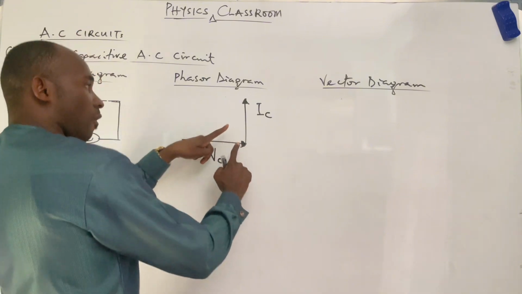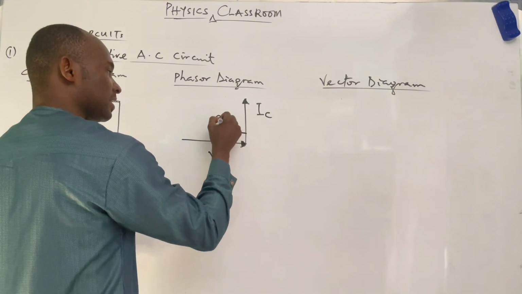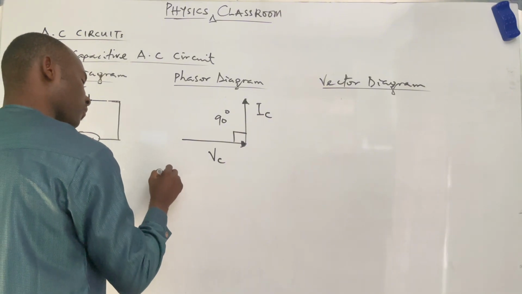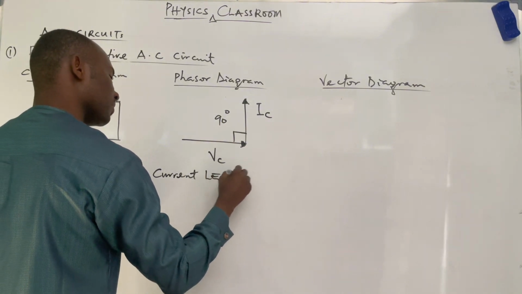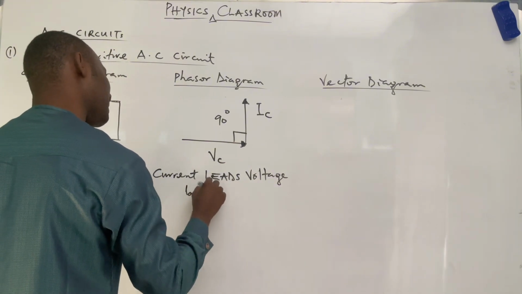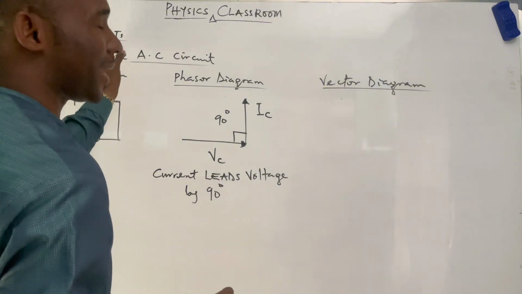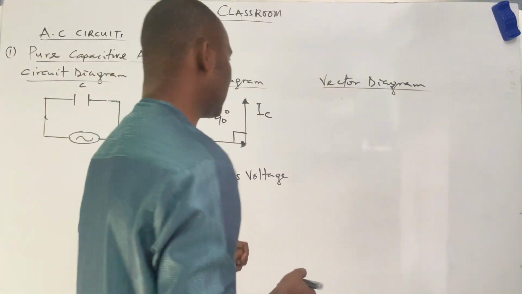So you can see current is leading the voltage by 90 degrees. Please take note. So we can just conclude and say current leads voltage by 90 degrees in pure capacitive AC circuit. Please take note of that.